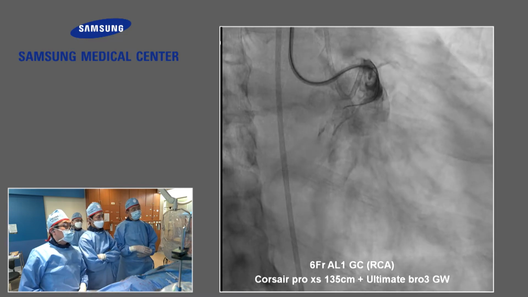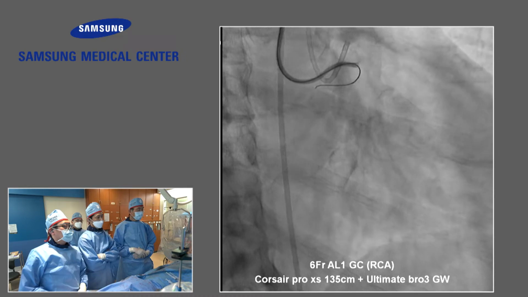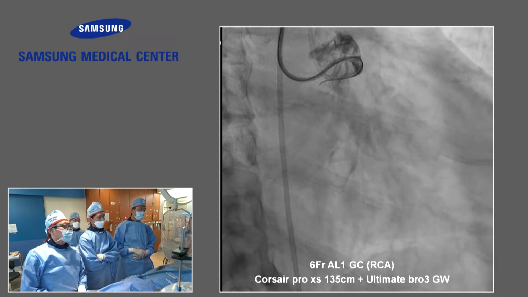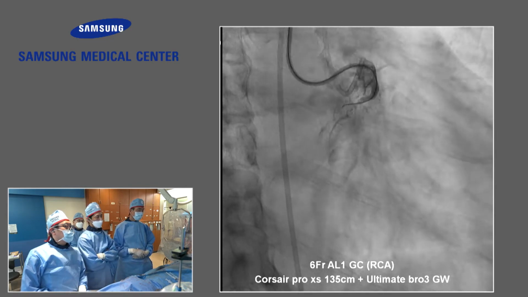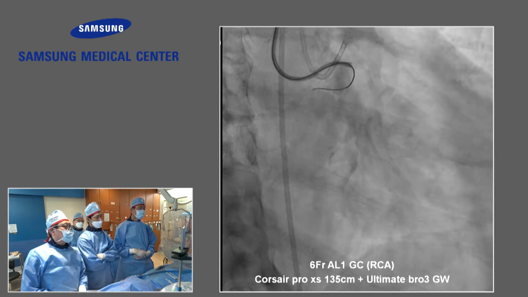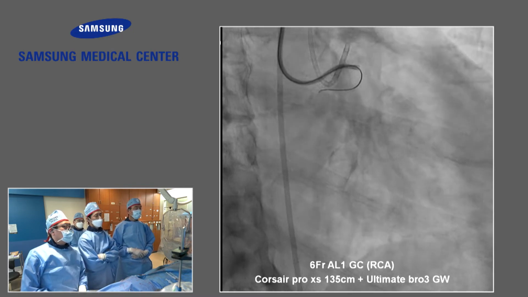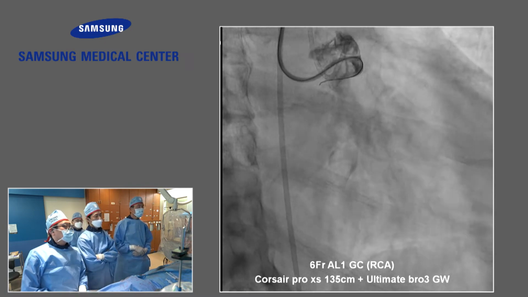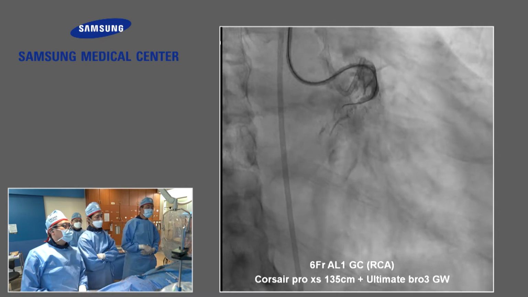Do you prefer Gaia Next Second for this case, or do you start with the UB3? In this case, the backup is very weak, and if we use the Gaia, we cannot control the Gaia. So in this case, the UB3 is, I think, the best way so far.